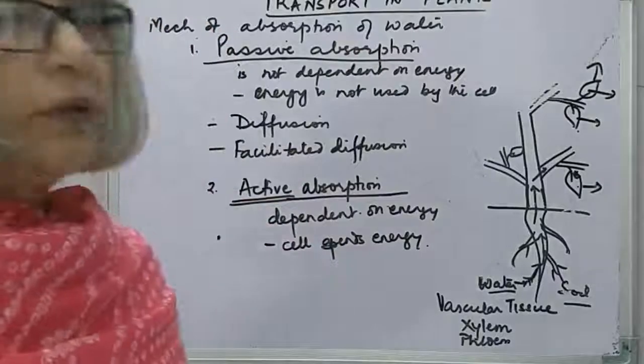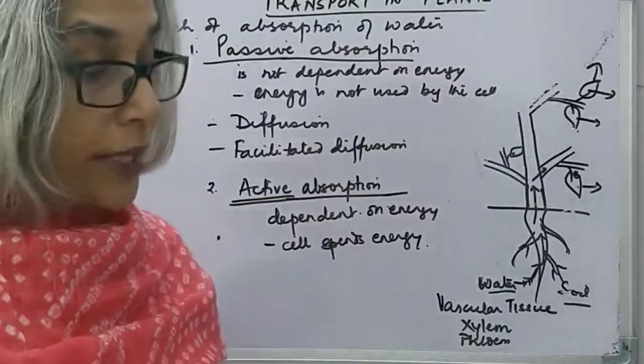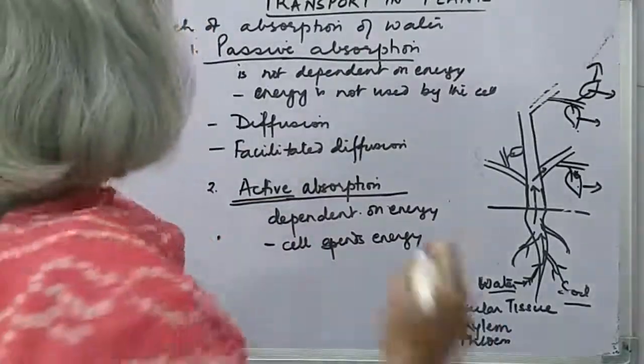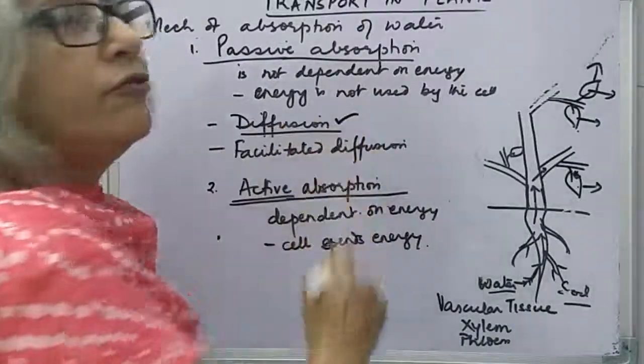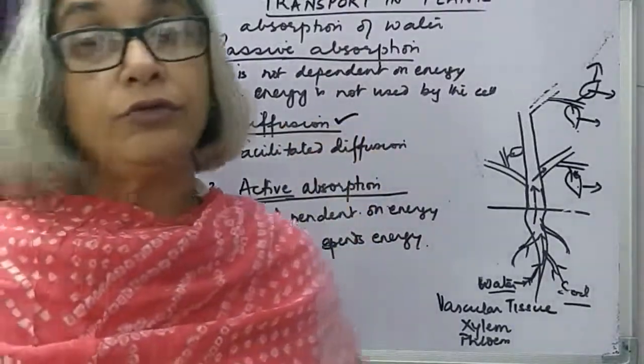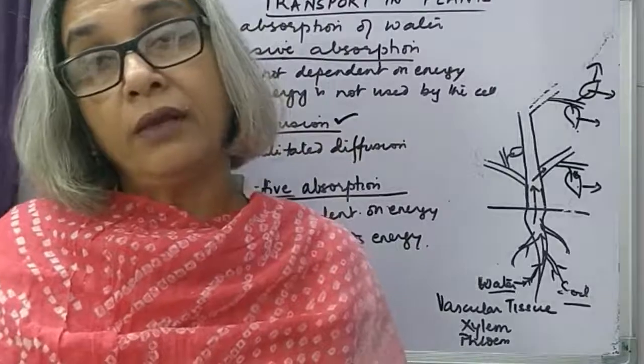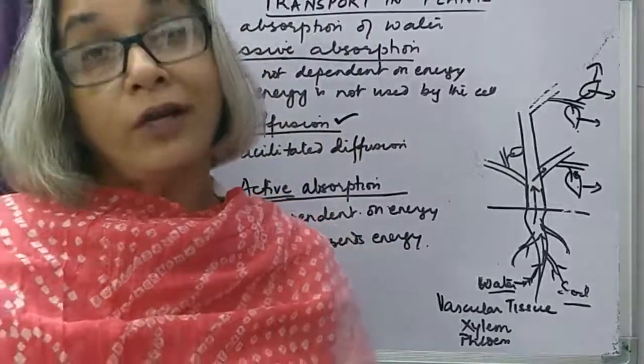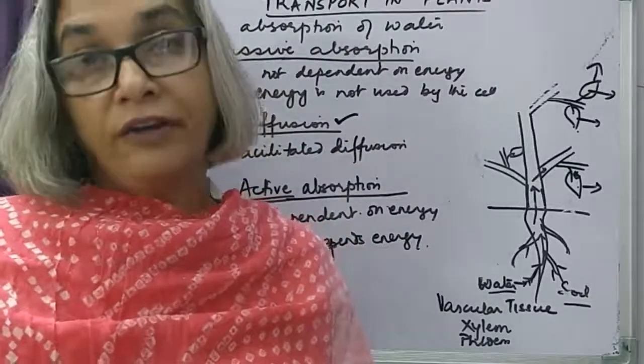Now we come to the next process, that is we are going to talk about diffusion. You have studied about diffusion, you may be remembering it. And what is diffusion? How do we define diffusion?